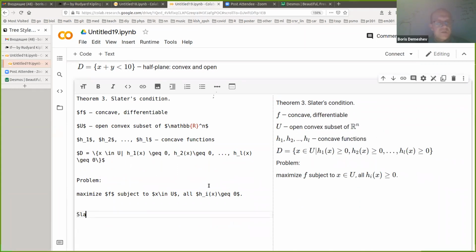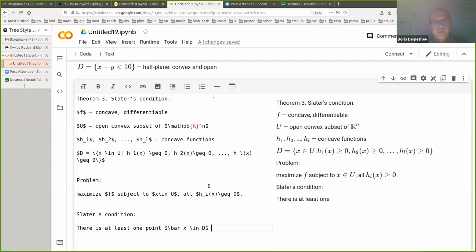Finally, Slater's condition. There is at least one point, let's call it bar X, in D, such that at this point H1 of this special point bar X is strictly greater than 0, H2 of bar X is strictly greater than 0, and so on.